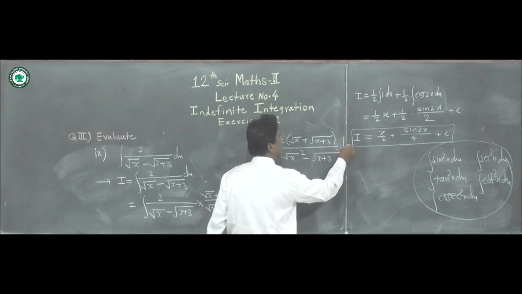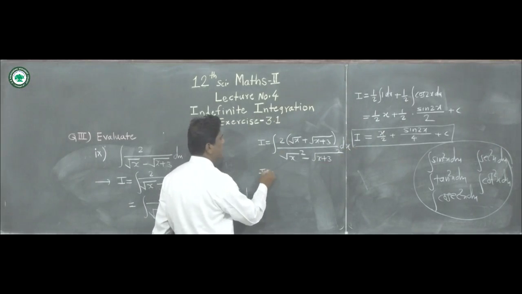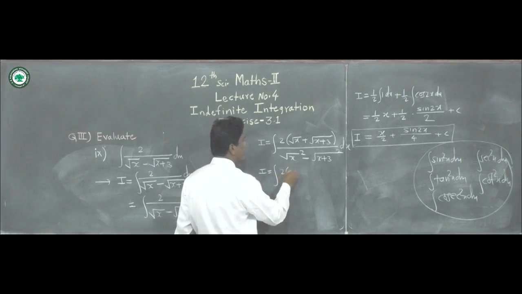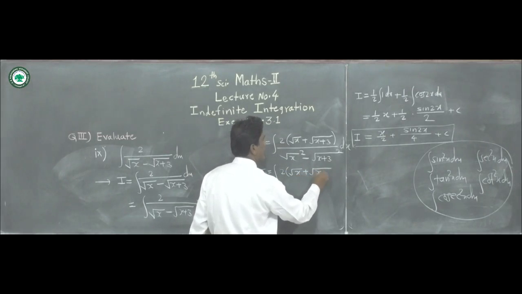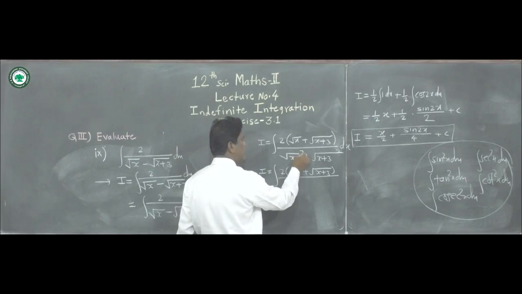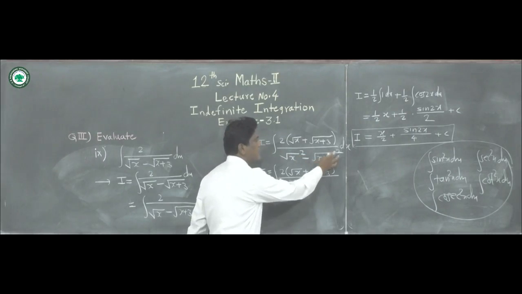And now I is equal to the integration of 2 into root of x plus root of x plus 3 divided by, square root and square get cancelled, so here it is x. Now here also square root and square get cancelled.